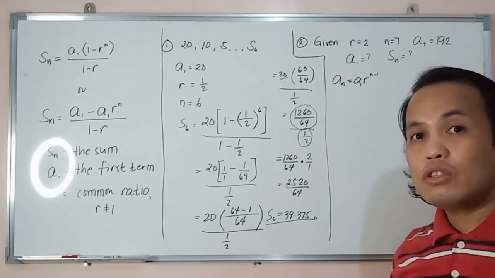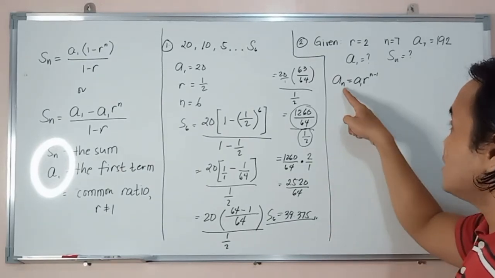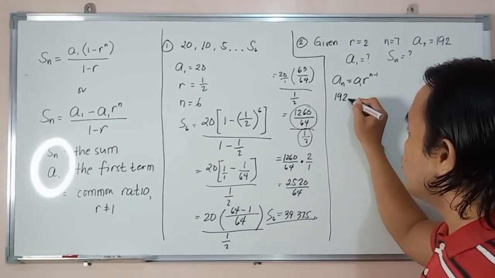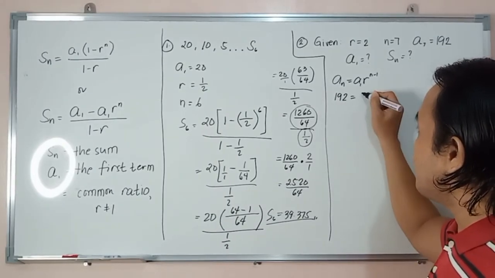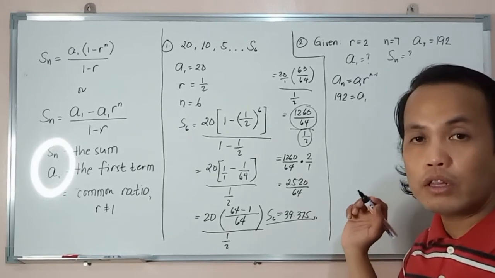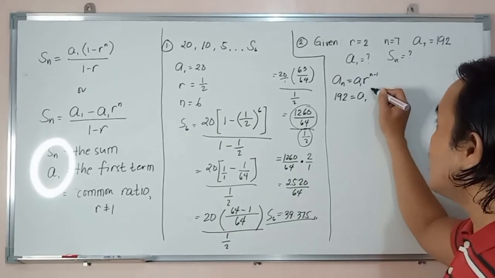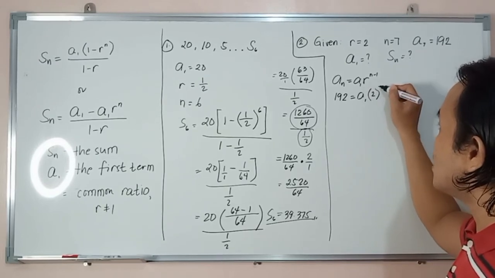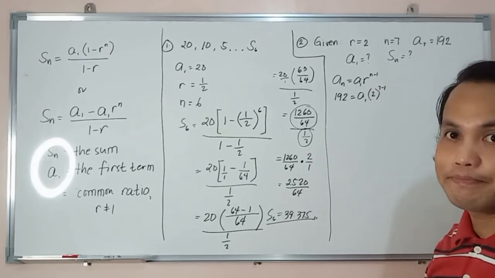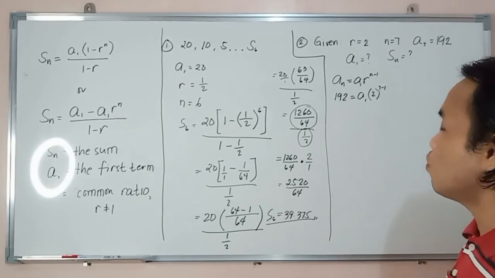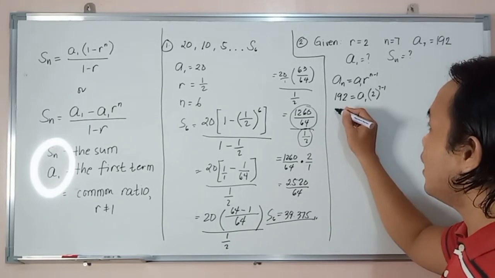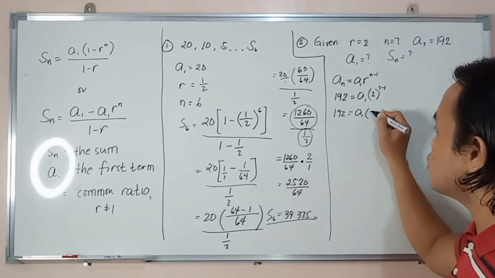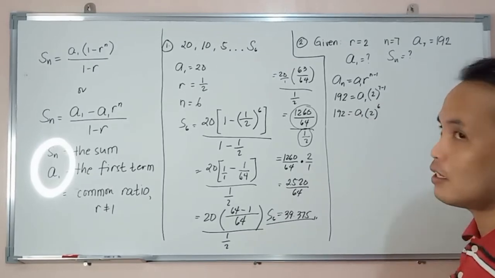So we'll substitute these values. Our a sub 7 is equal to 192 equals, we copy a sub 1 since we are going to solve for a sub 1, times our common ratio 2 raised to 7 minus 1. So 7 minus 1 is equal to 6. So we copy 192 equals a sub 1 times 2 raised to 6.